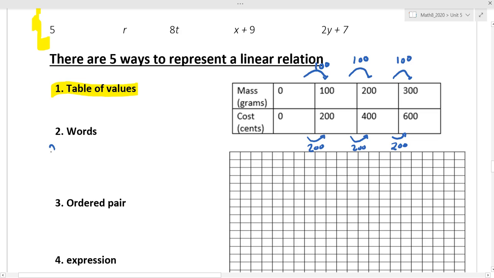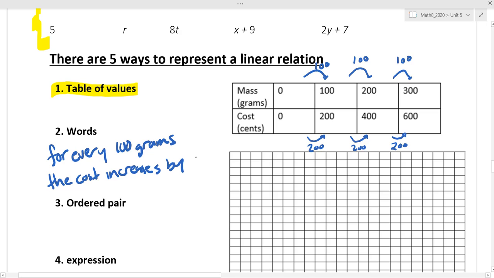So for every 100 grams, the cost increases by 200 cents. Right? So this is like step 3 of that statement that we were doing yesterday.